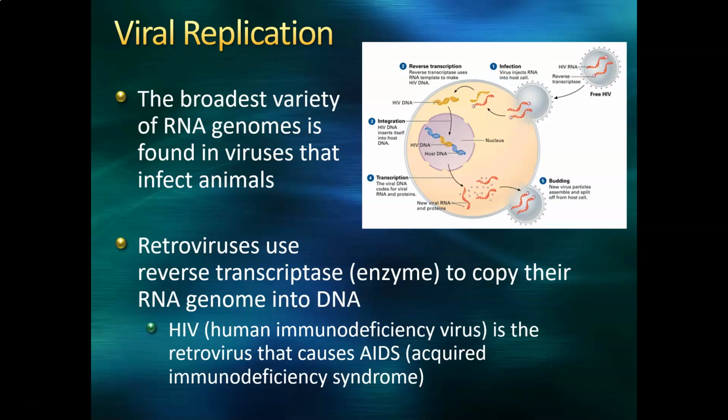So translation goes from the RNA to the protein, but in this case, we're reversing transcription. Transcription typically goes DNA to messenger RNA, and instead we're going to reverse that transcription process and go from RNA to DNA. And that's exactly what's happening here.